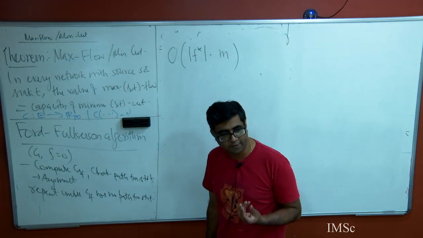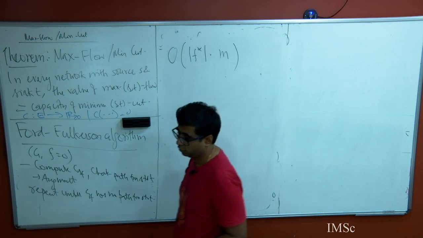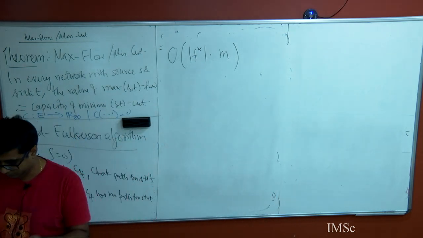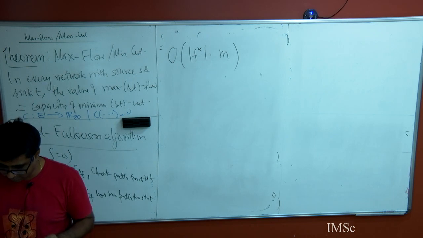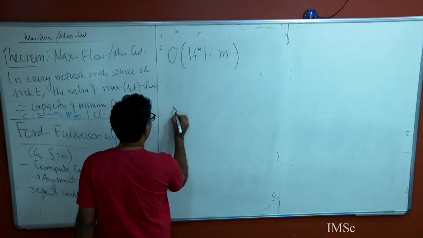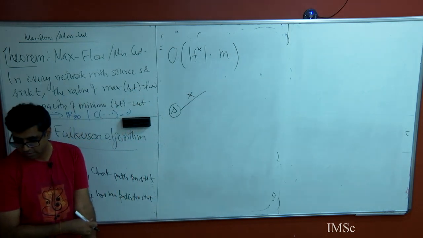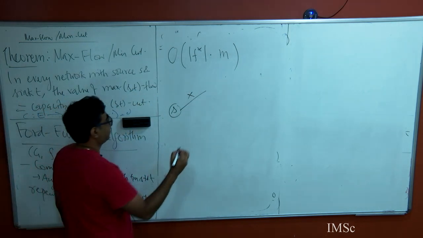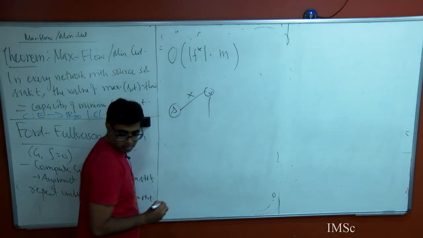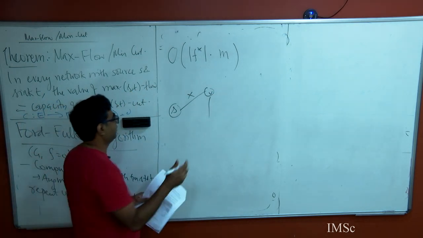But the value of f star could be huge, right? So for example, let's look at the same network which I drew here, S, x, some value x, V, and same guy.